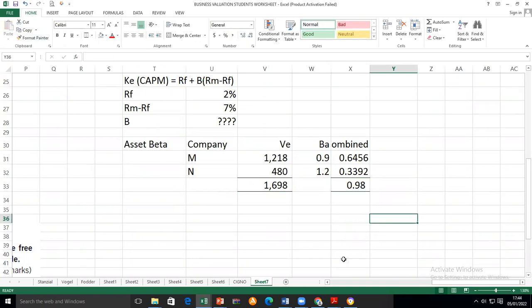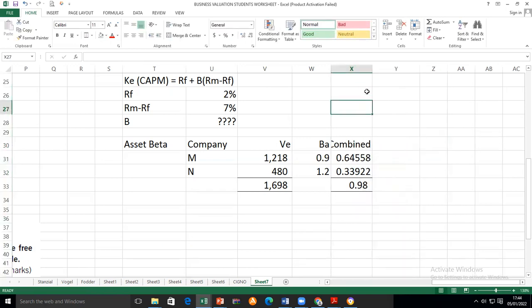There we are. We go to asset beta. What do we do from here? Could somebody help? What do we do from here?